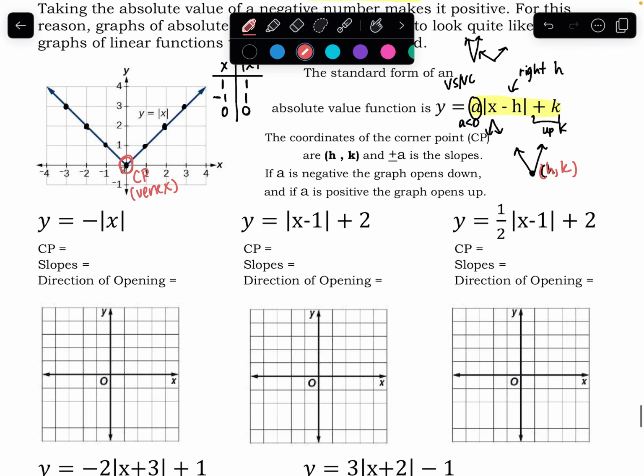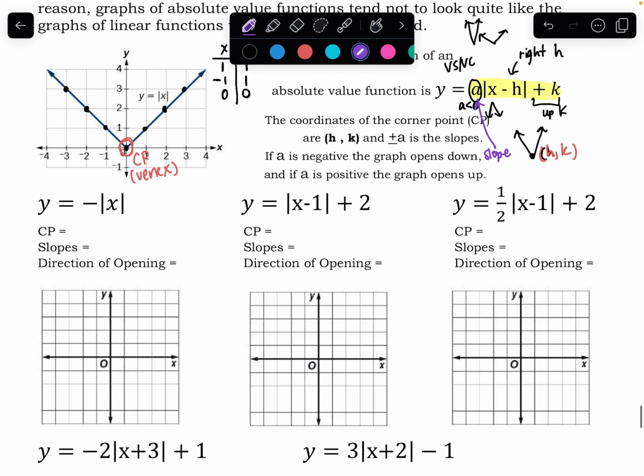And then this a value tells us the slope of the graph, the lines, we call them the arms or the branches, and it also tells you whether it's opening up or down. Like I said, if a is negative, it's going to open down.